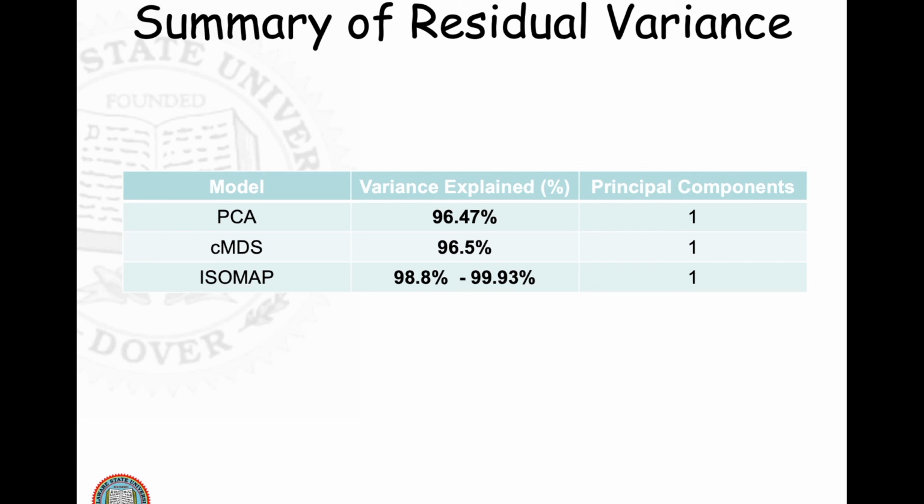And so this just shows us that this nonlinearity, this respecting of the geodesic relationships between points on the manifold afforded by ISOMAP, is actually doing something and is meaningful for LIBS spectro data. And so that just says it's a highly nonlinear process, and so nonlinear methods based on manifold measurements are more appropriate than the linear methods, namely PCA and cMDS.